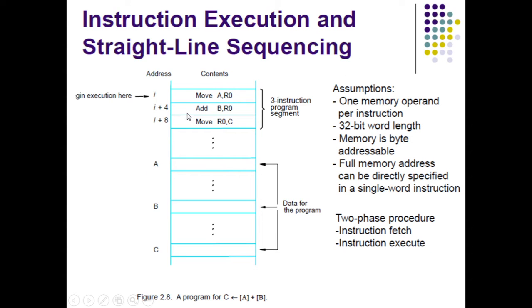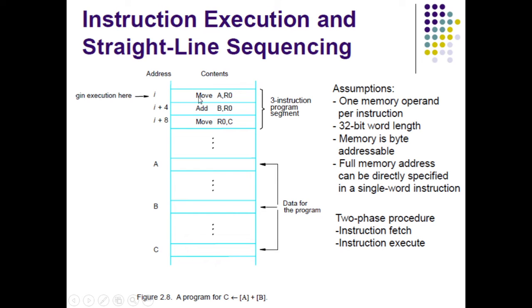Once again, what are the steps? While the processor is executing a particular instruction, the program counter is automatically incremented and points to the next instruction, which is present sequentially next to the currently executing instruction. Here one word is equal to 32 bits, and 32 bits means 4 consecutive bytes.